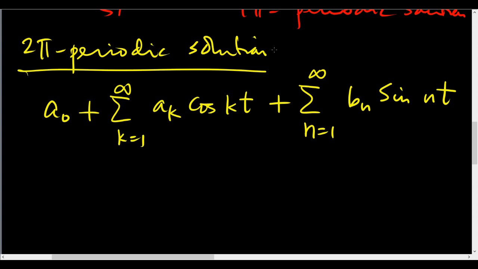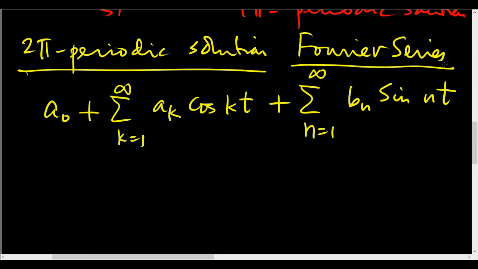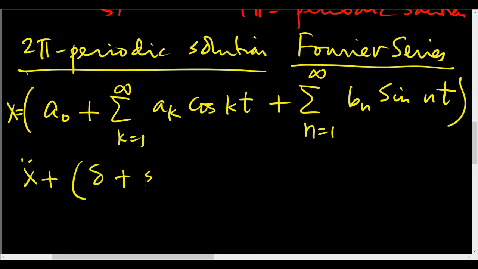This is Fourier series. Now here is how we solve this. What we do is we substitute this x into x double dot plus (delta plus epsilon cos t) x equals 0, and then we do harmonic balance.